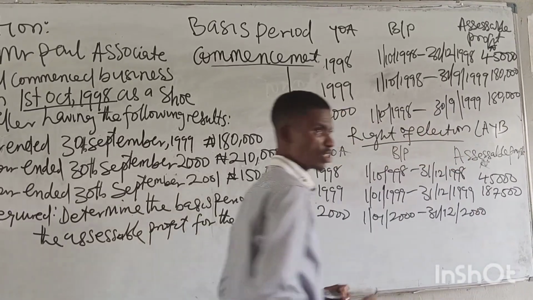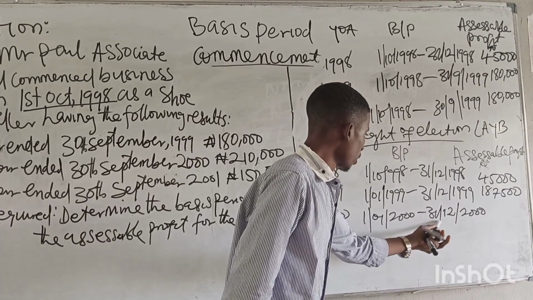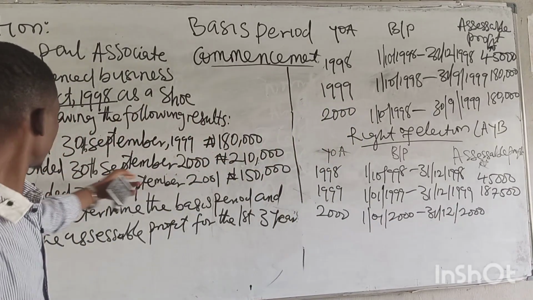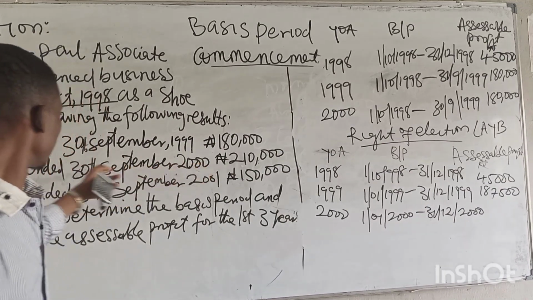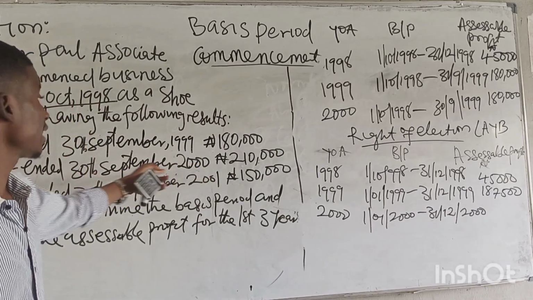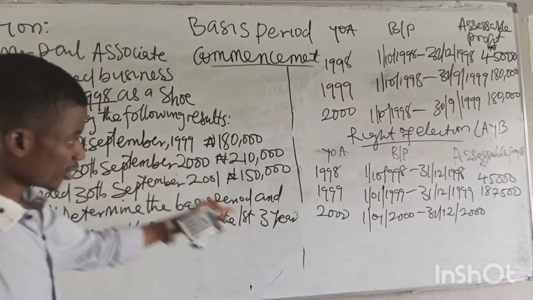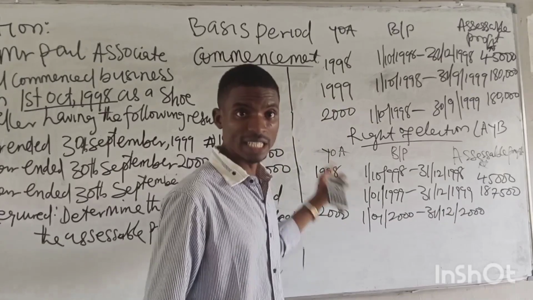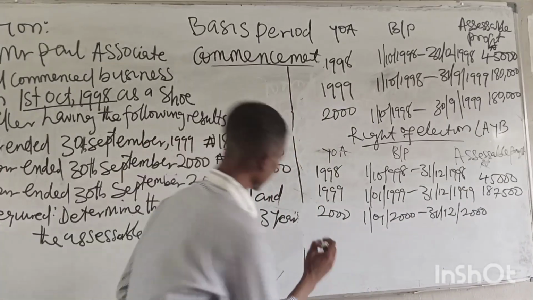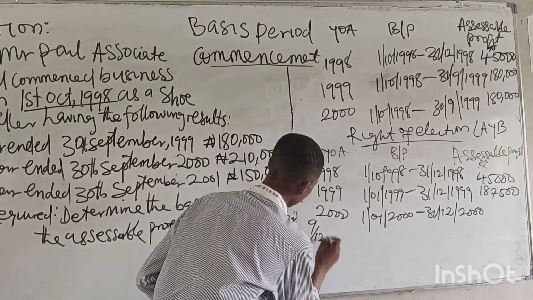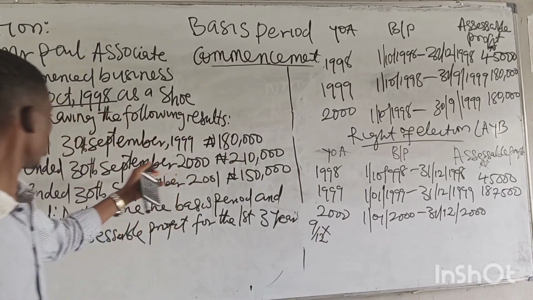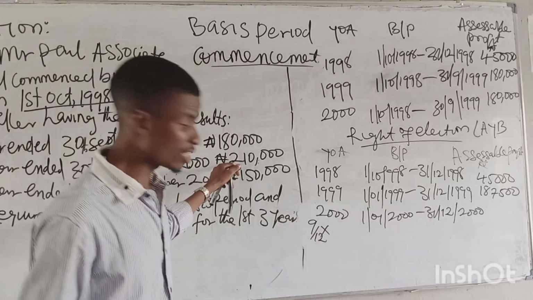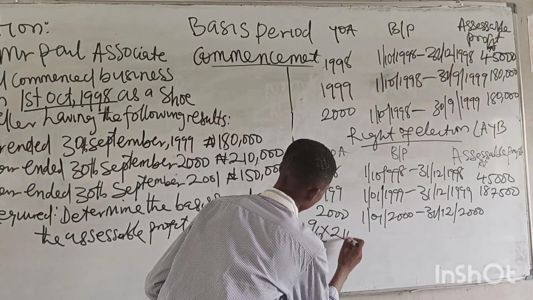Then go over to the question to see where this basis period falls. And if you look at under year 2000, the accounting year end also ended in 30th September. But in our own basis period, it ended in December. So we still follow the approach we did in the first one. We are still going to say 9 over 12 times the operating result of 30th September year 2000, which is 210,000.